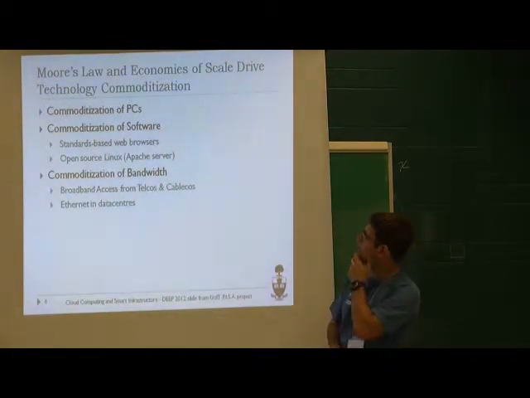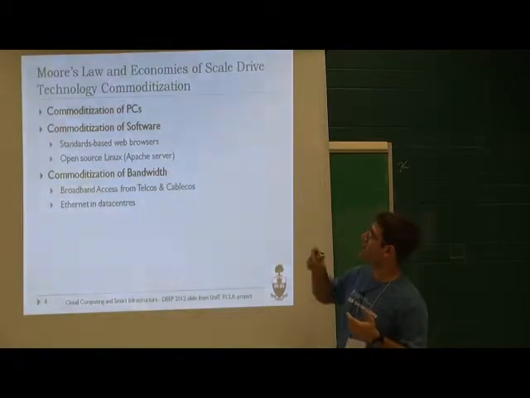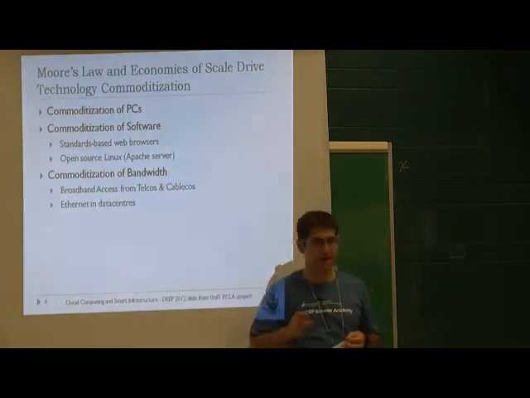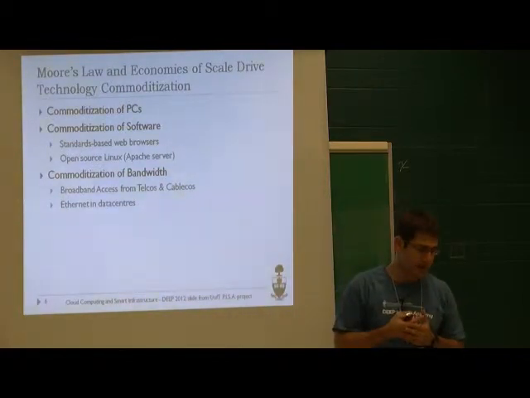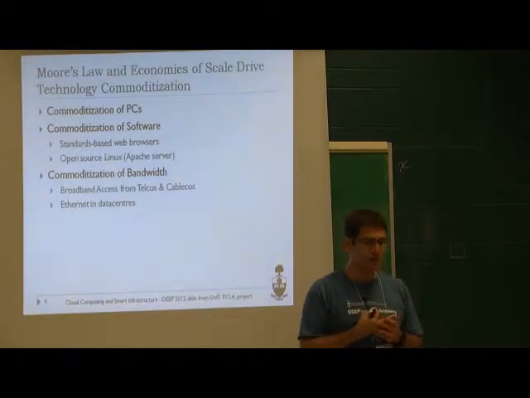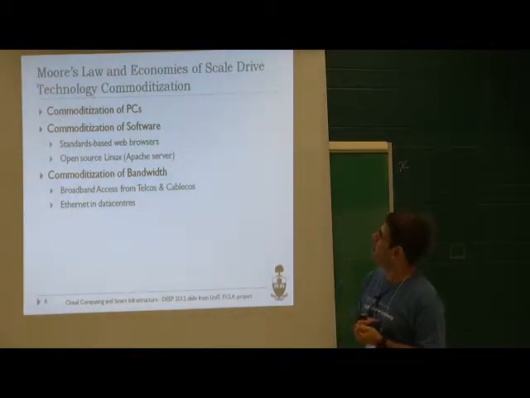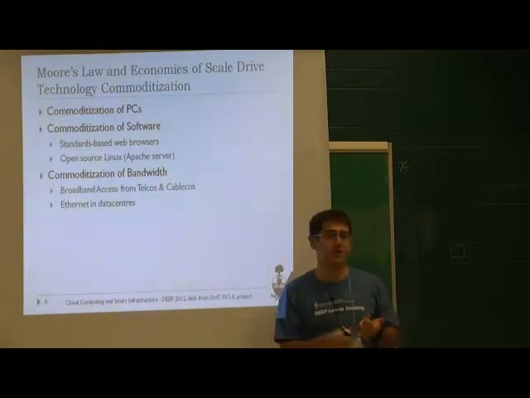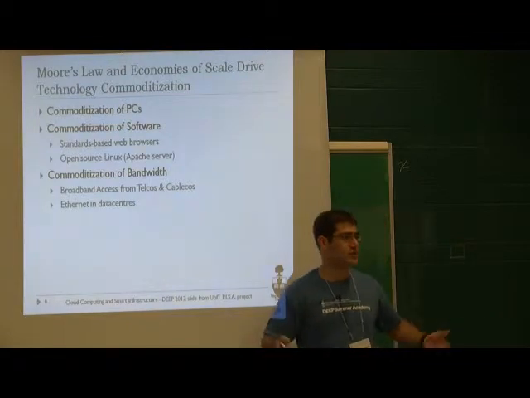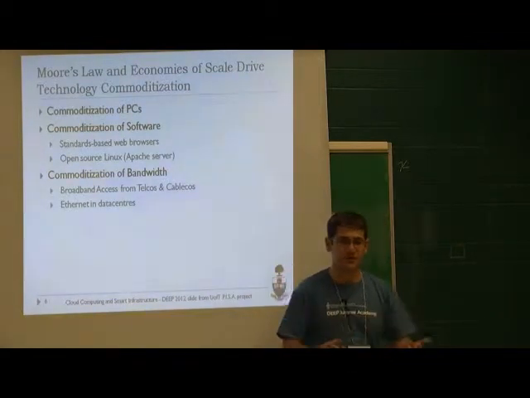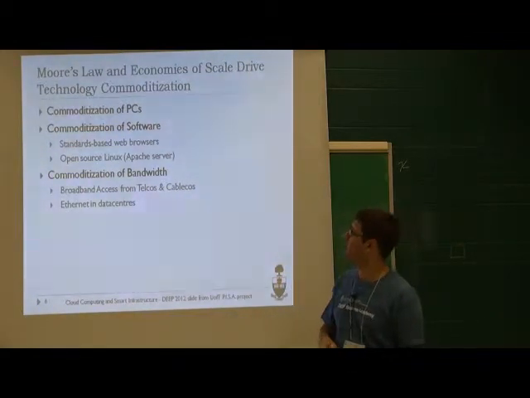Another element is Moore's law and economies of scale. Moore's law is a concept in computer hardware. I won't explain it here. So now everyone has PCs. At the beginning, you needed it for particular work. Now everyone has it.